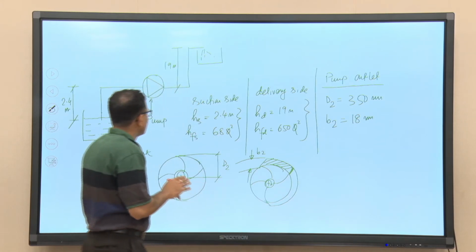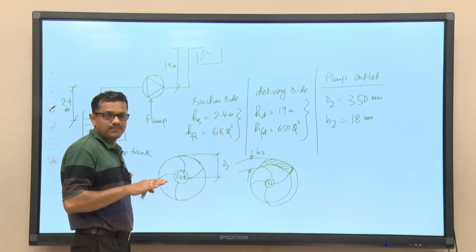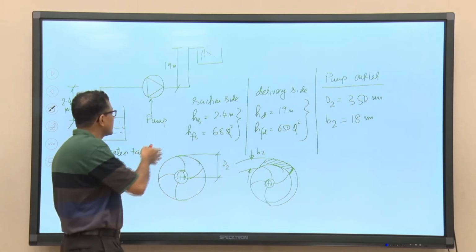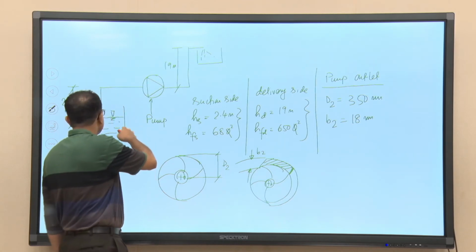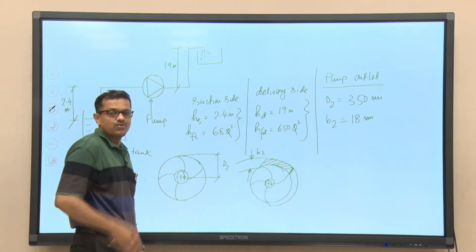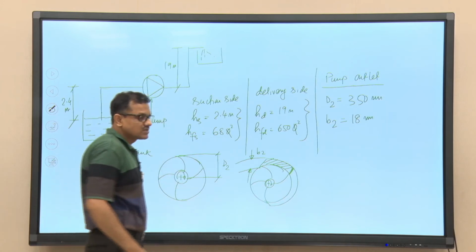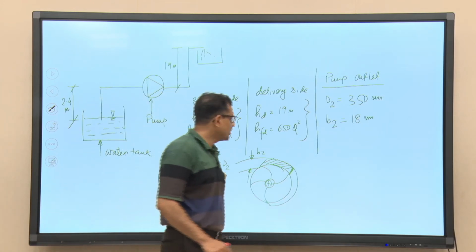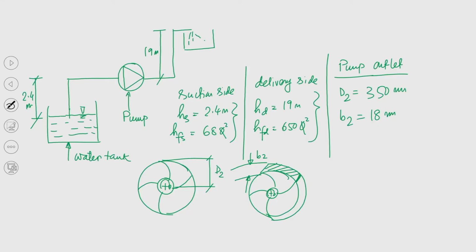If we do not consider that part for the time being, at least what we can understand from the problem statement is that liquid will be transported from this point to that point, and for that we need to overcome the static height. So, considering those aspects, can we quickly calculate the head to be developed by the pump.